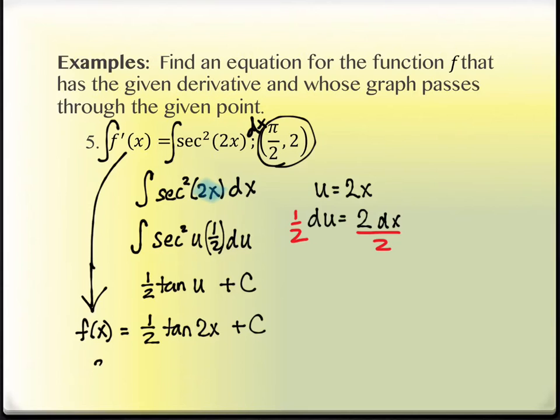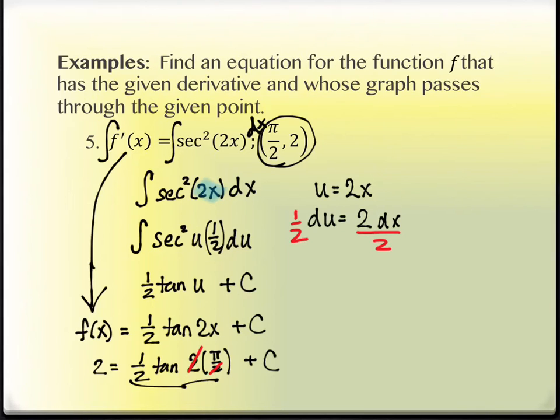So f of x is the 2, it's the y value, and then the x value is pi over 2, so this is 2 times pi over 2 plus c. So obviously 2 times pi over 2 is pi. What is the tangent of pi? 0.